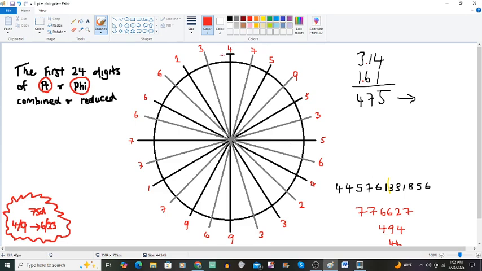What we'll notice is that the first number at the top, the start of this wheel, is 4, and the number that balances with it, opposite on the wheel, is 9. So we've got 4 and 9 straight away showing up.